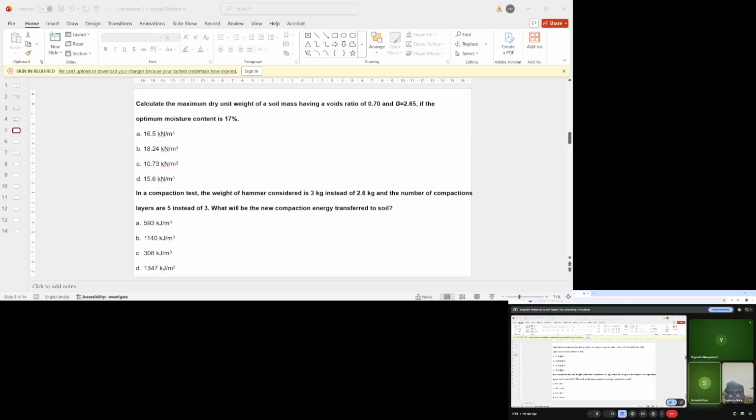Yes, you can calculate once using 10, taking gamma w as 10 kilonewton per cubic meter. Okay, sir.